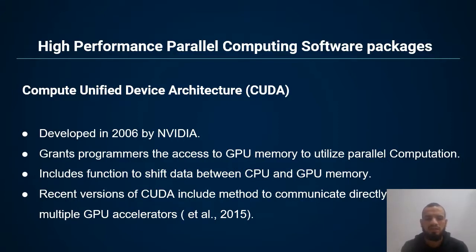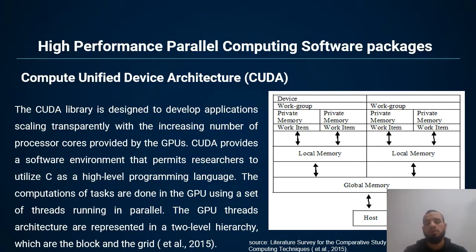And in recent versions of CUDA, a few functions or methods have been included to communicate directly with multiple GPU accelerators. So CUDA is designed to develop applications scaling transparently. It also gives the researchers or the programmers the opportunity to use C as a high-level programming language.